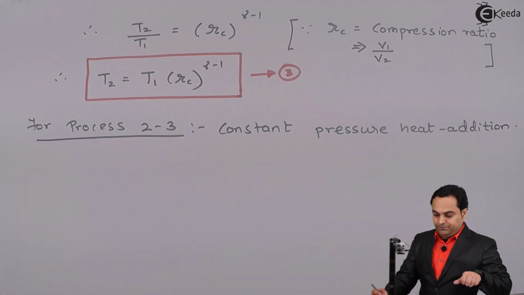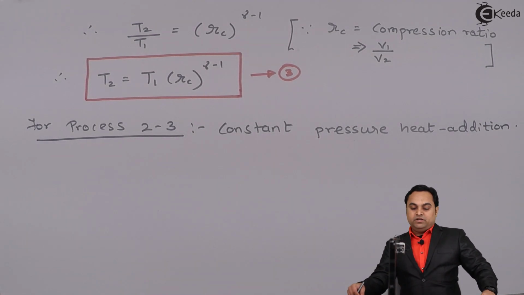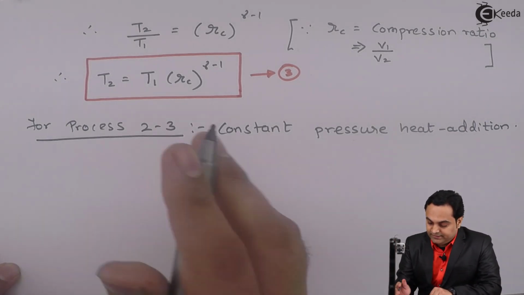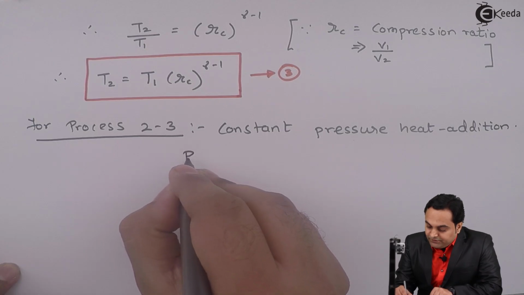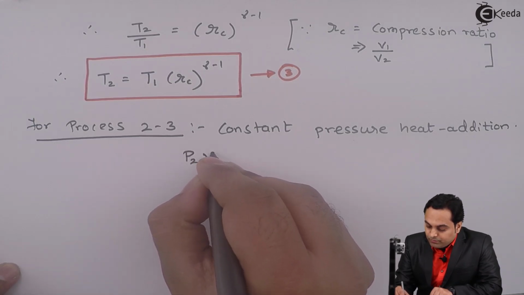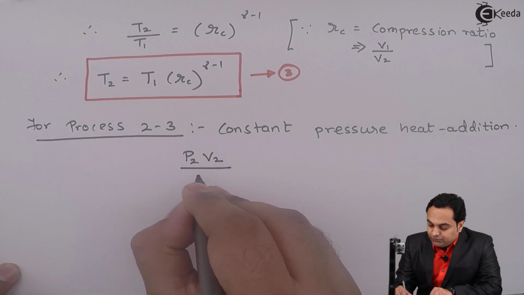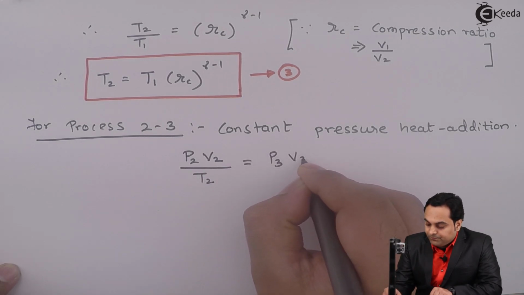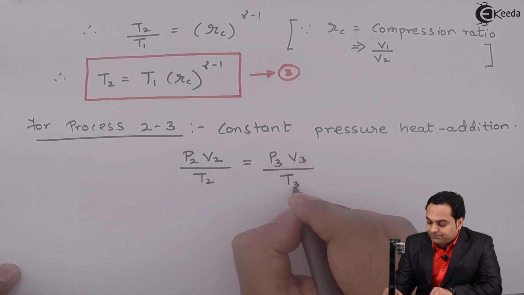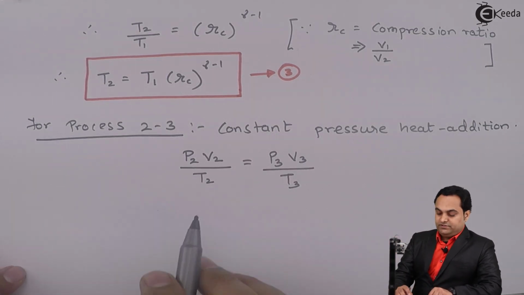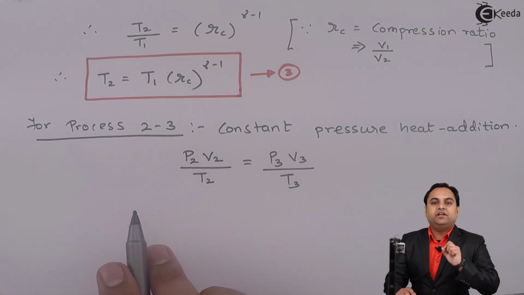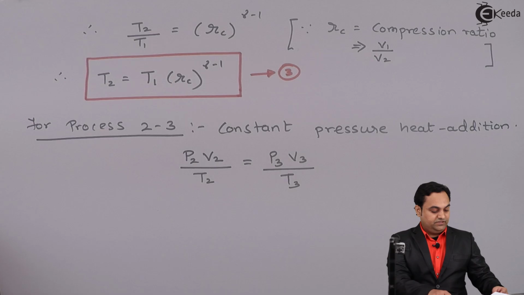Now for the constant pressure heat addition process, I'll write the equation for process 2 and 3. It can be written as P2V2 upon T2 is equal to P3V3 upon T3. This is the state equation which we can write for any one of the states.